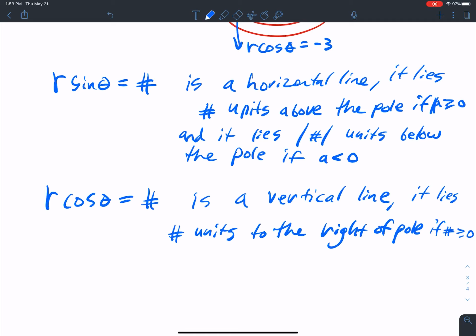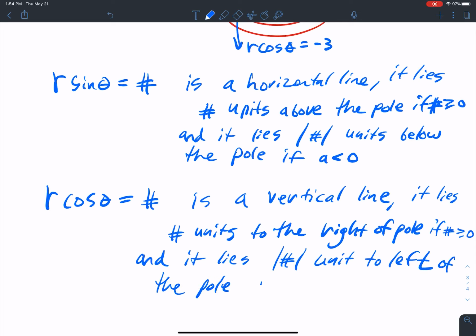And then it lies the absolute value of the number of units to the left of the pole if a is less than 0. Okay, a being my number there. All right.